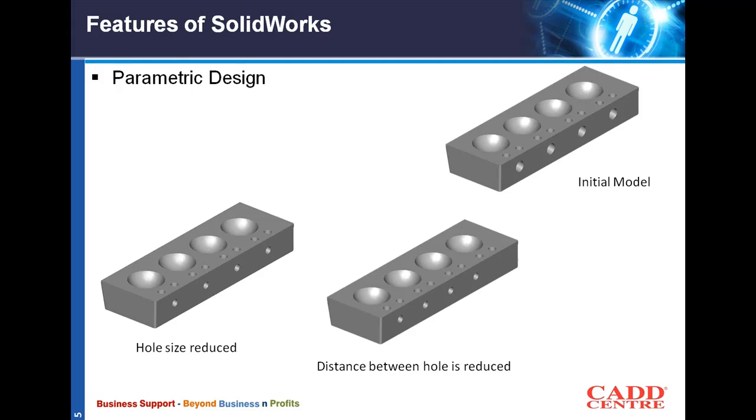This is what we call parametric design. It means in the whole geometry, where you can see a number of features, every feature will be parametrically related. If you change any one feature, only that feature will be changed, and other design intent will not be disturbed.